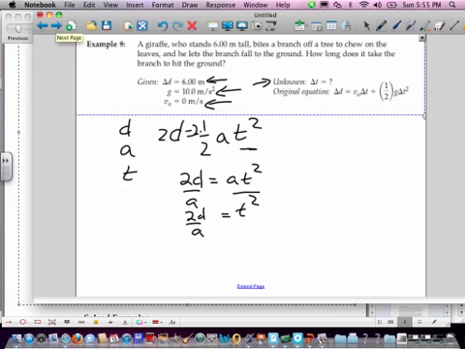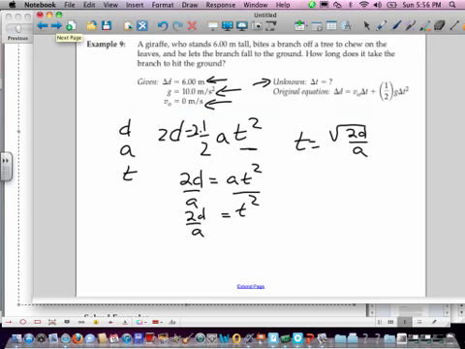If we take the square root of both sides, we get t equals the square root of 2d over a. So that's my formula. But it's this formula, distance equals 1/2 at squared. That's the formula. Try not to make it more complicated.